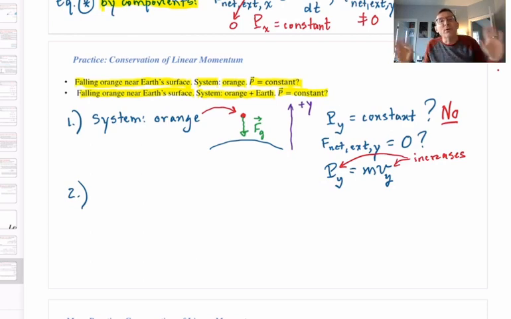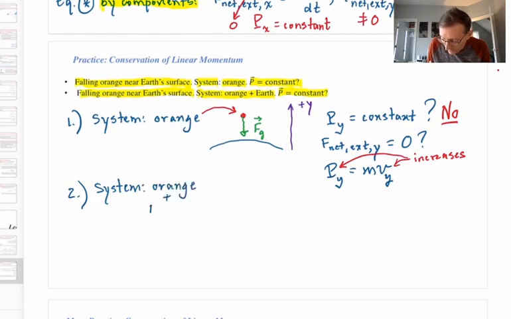If I say ignore any external influences outside of Earth plus orange, what would your answer be? The answer is then the linear momentum is conserved. Let's talk about that. And I know that that's not exactly what's going on. We have sun exerting a gravitational force, but I'm just trying to make a point here.